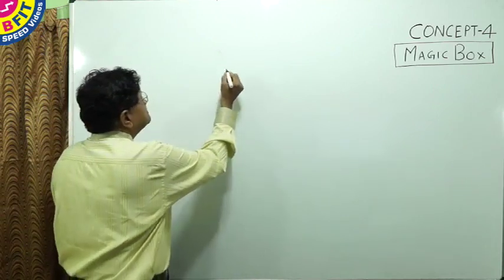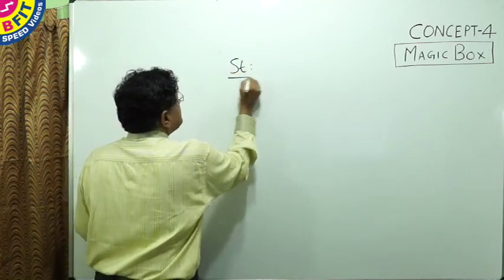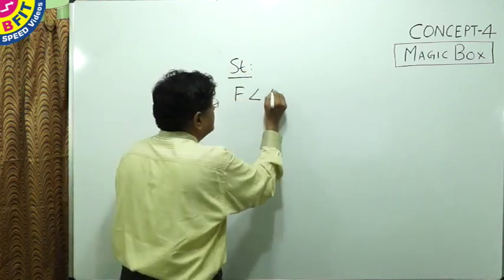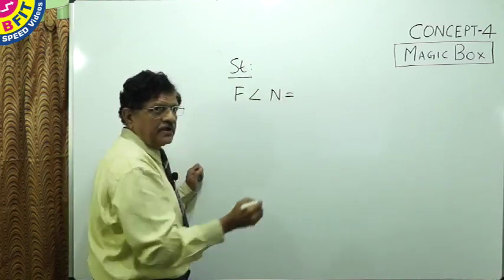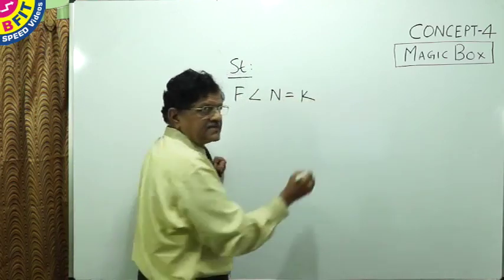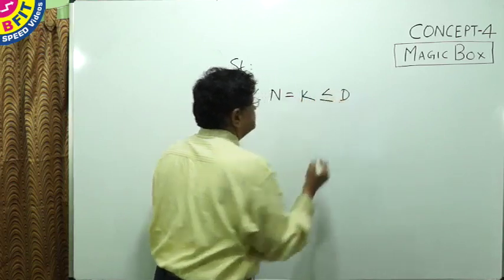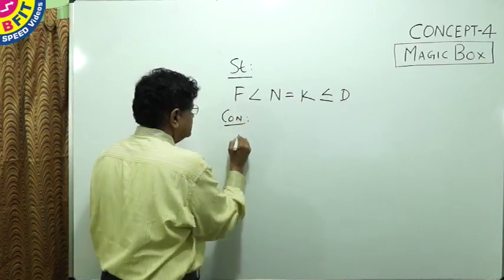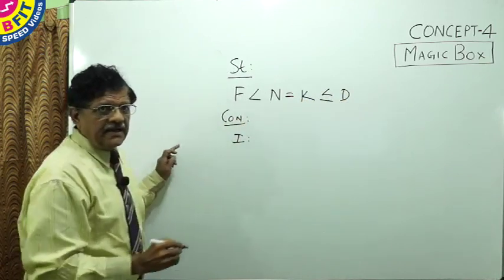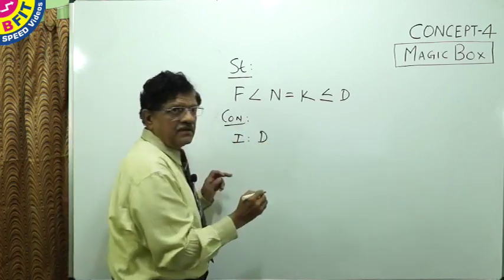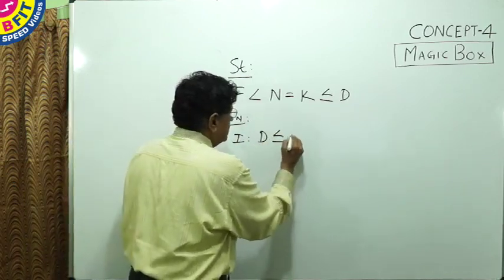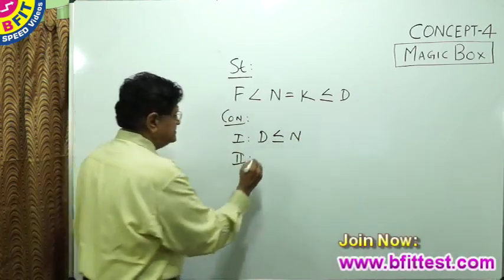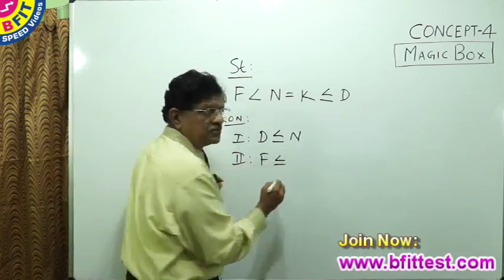The statement is F is less than N is equal to K is less than or equal to D. We have to test the conclusions. Conclusion 1, D is less than or equal to N. Conclusion 2, F is less than or equal to D.